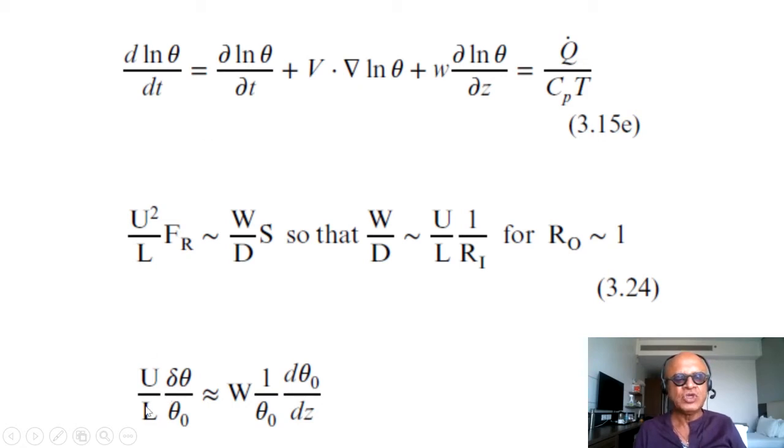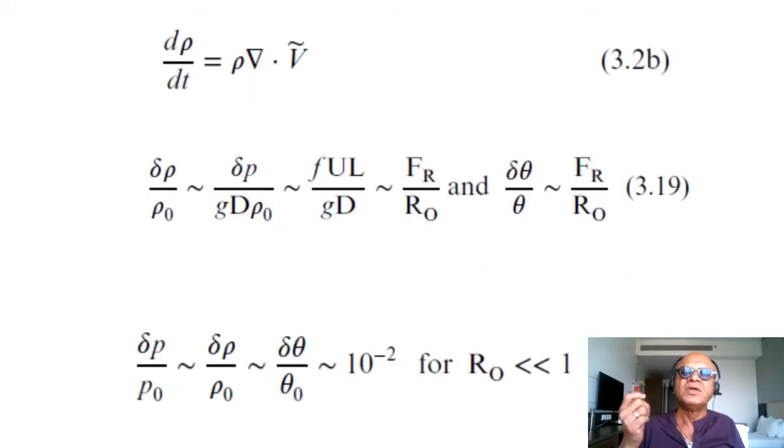But here U over L delta theta over theta 0 is approximately equal to the vertical motion times the Brunt-Väisälä frequency or the static stability. Right? Why are we doing that? It's much more important in the tropics because the static stability is going to determine the vertical motions.